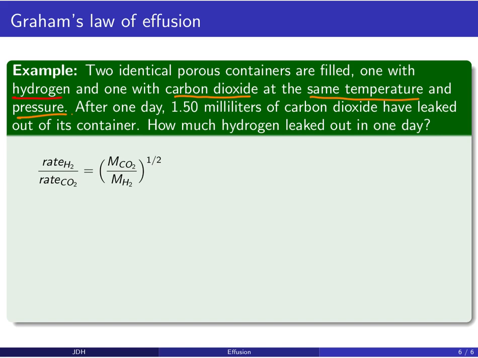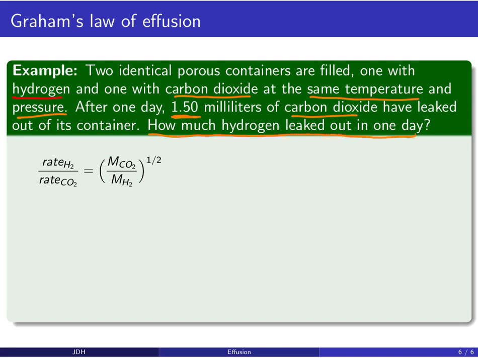Let's suppose that after 1 day, we find that 1.5 milliliters of CO2 have leaked. Because everything's under the same conditions, we want to determine how much hydrogen has leaked out in 1 day.